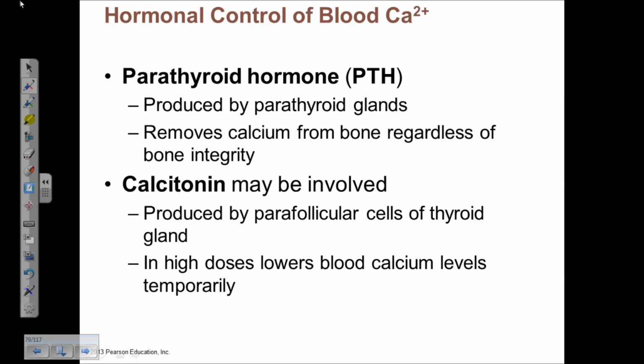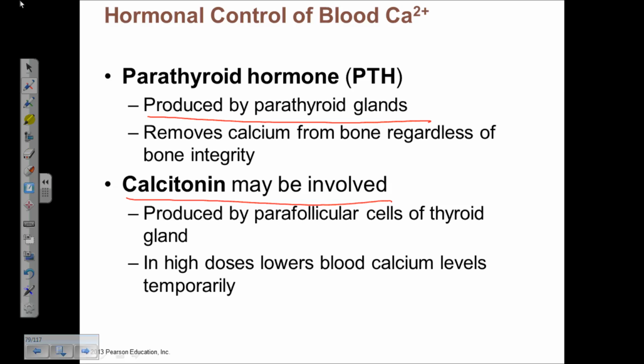So how is that regulated? It's regulated by parathyroid hormone, which is produced by the parathyroid gland, and calcitonin maybe, but normal calcitonin concentrations don't seem to do much to the calcium level. So parathyroid hormone is released in response to low calcium in the blood. Now I want to highlight this thing. That's a very important concept.